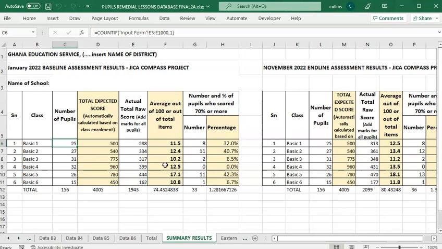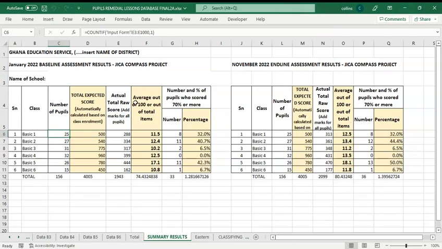Okay, right. This here gives us information on baseline, and here gives us information regarding the endline. So this is the baseline, and this is the endline. So how do you explain it? Clearly, here we have the number of pupils in each of the classes, then the total expected score.